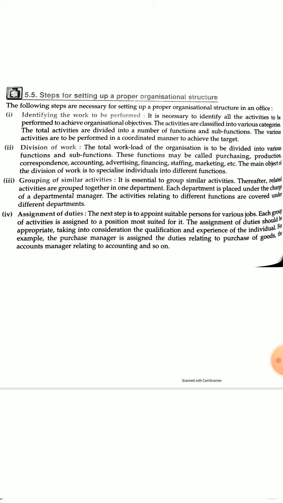So grouping of similar activities may be done according to the size and nature of the business. And seeing all the activities, it can be grouped easily. So grouping of similar activities is also a step.